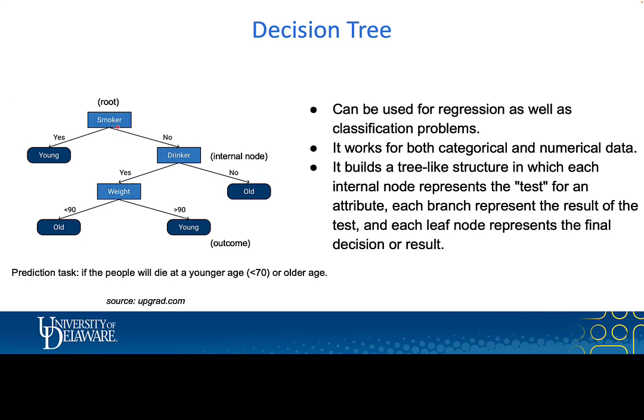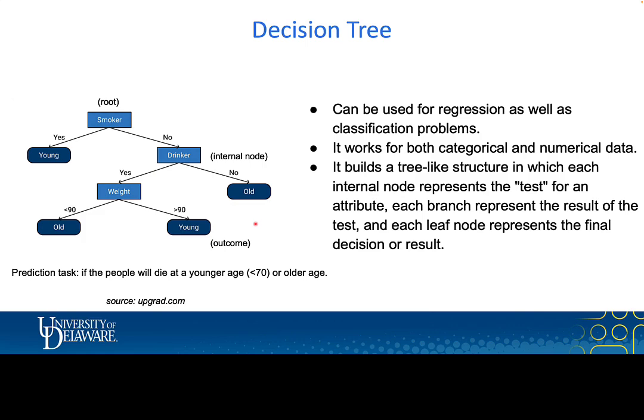At each internal node, the data is split based on the feature that results in the best separation according to some criteria. Each branch represents the outcome of the decision or test on a feature. And each leaf node, which are the terminal nodes, represents a final prediction or class label.